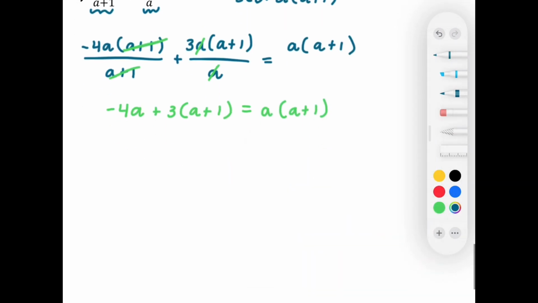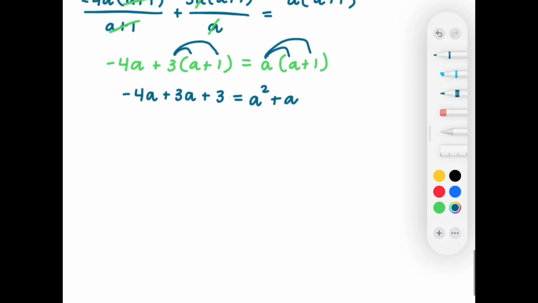So now we're going to just combine like terms, distribute, multiply, do all that, and solve for a. So we have negative 4a, 3 times a is 3a, 3 times 1 is 3, equals a times a is a squared, a times 1 is a.